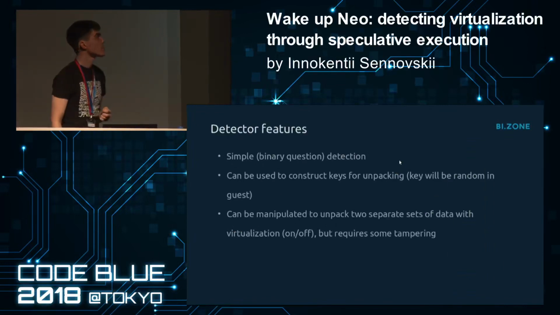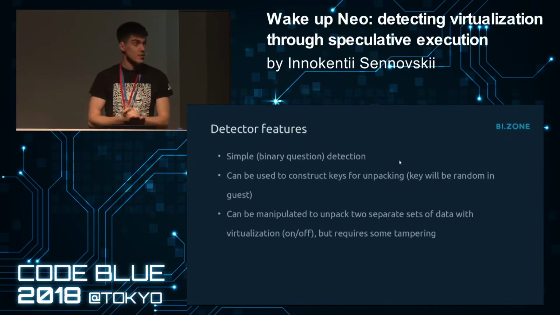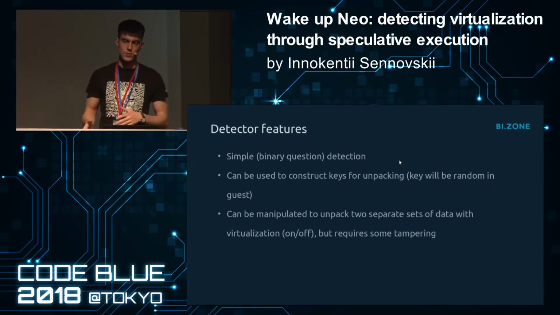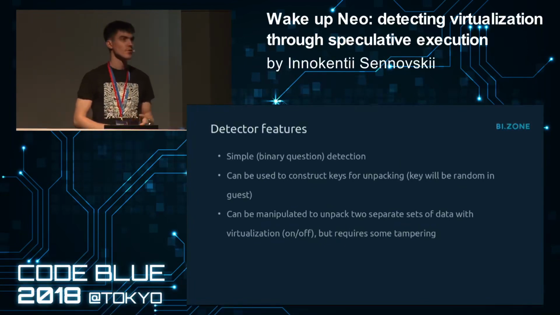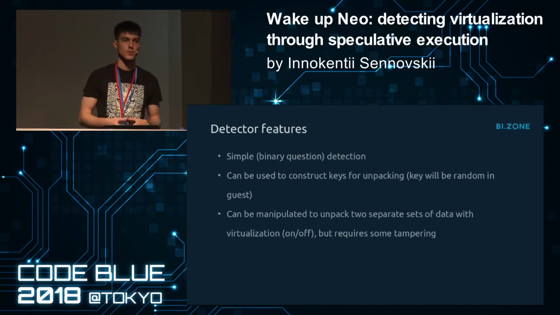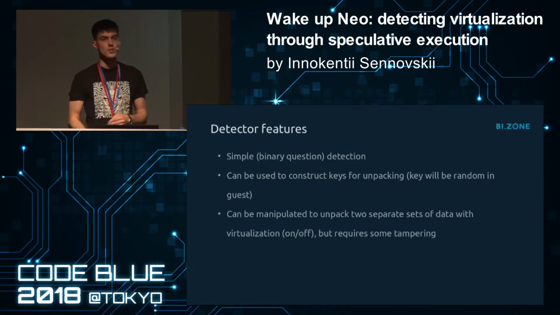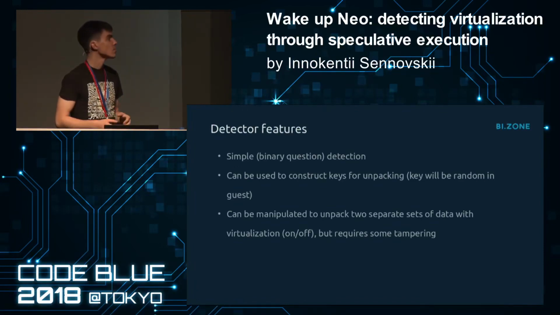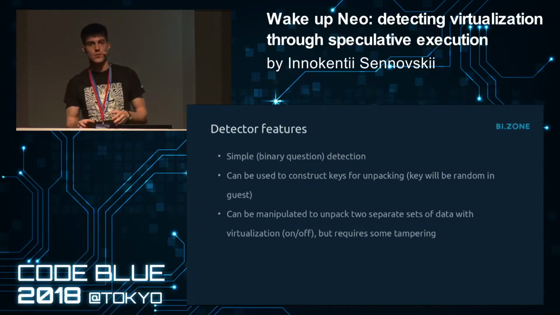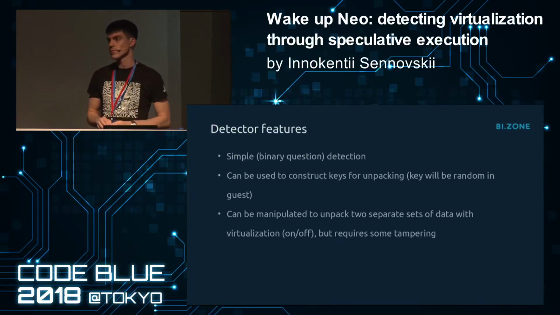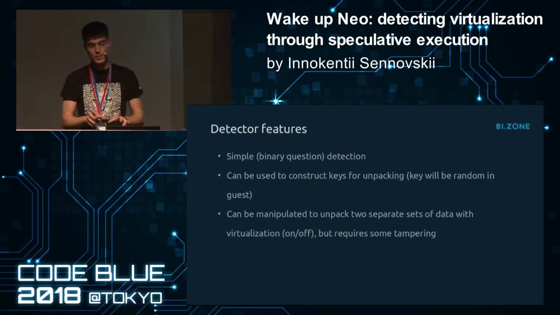What's more is that under certain conditions, speculative execution, when there is no side channel, has so-called zero bias. It means that when you're timing pages to determine which page has the fastest access, most of the values will be biased to zero page, since all of them can be the fastest, but they can also have the same access time, which means that you can create two separate sets of data for unpacking, two separate sets of keys.